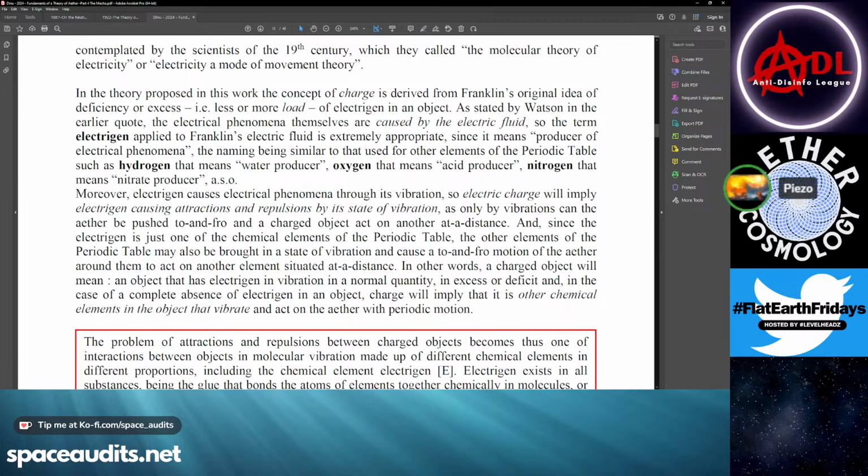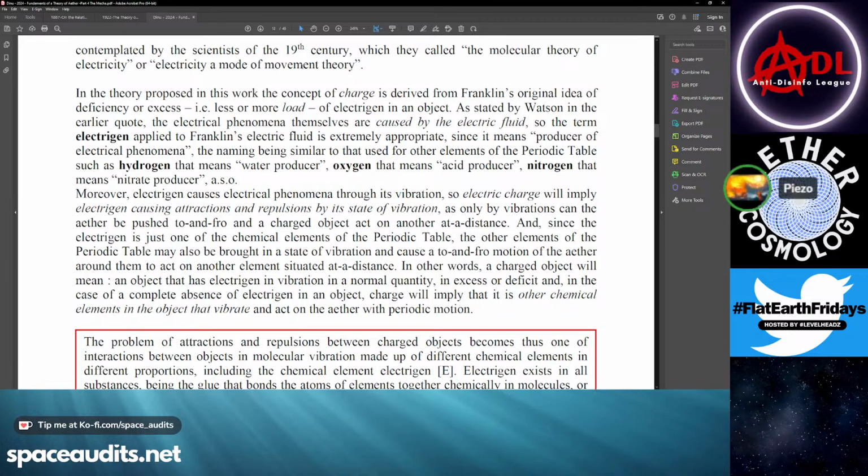So, anyways, in the theory proposed in this work, the concept of charge is derived from Franklin's original idea of deficiency or excess, i.e., less or more load, of electrogen in an object. As stated by Watson in the earlier quote, the electrical phenomena themselves are caused by the electric fluid.